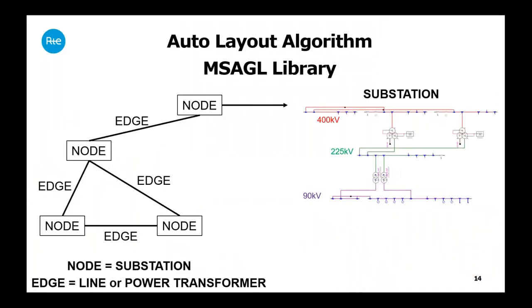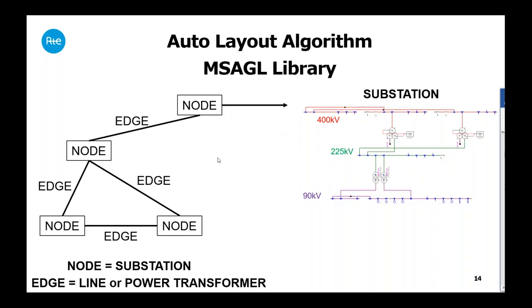Okay, so here is how the auto layout algorithm works. In CGMES, we have mainly substations interconnected by lines. So we consider in the graph on the left that nodes are substations and the edges are lines. We indicate how substations are connected, and we let the algorithm find coordinates of the node center.